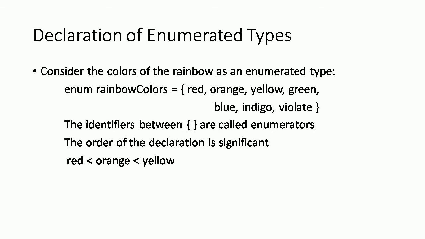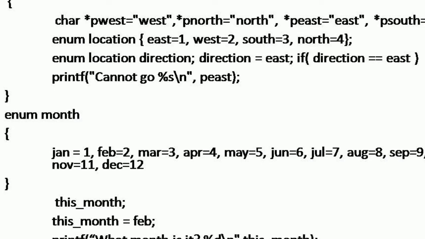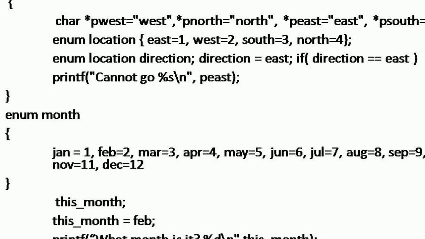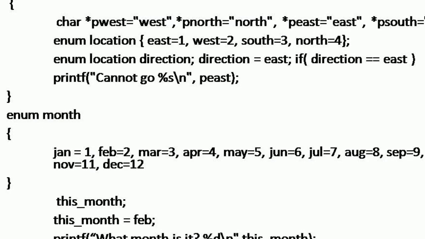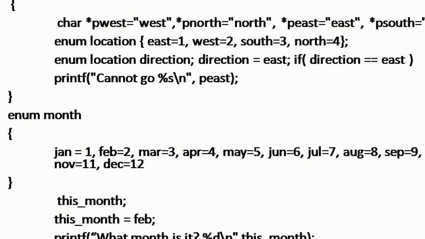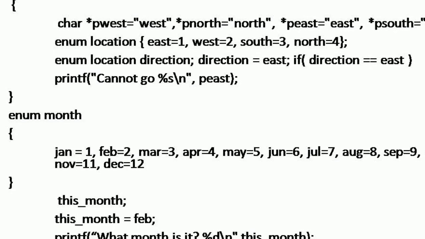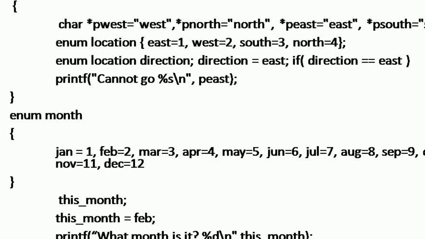For example, consider an example of a program of the enumeration data type, that is the month. You can write: include stdio.h, main, curly braces start, char star p_west equal to "west", star p_north equal to "north", star p_east equal to "east", star p_south equal to "south".